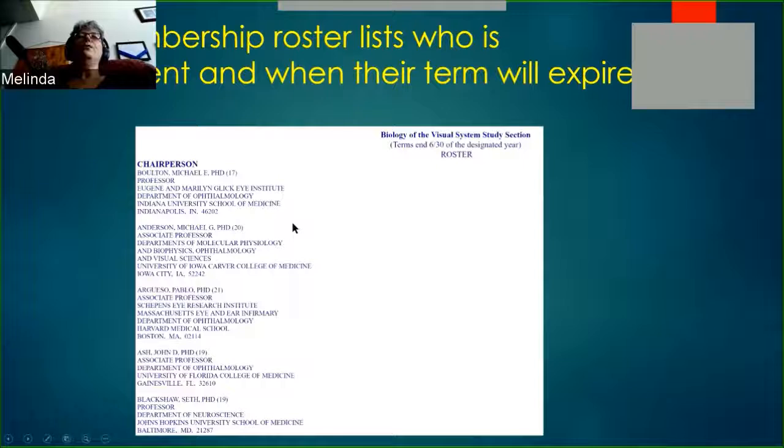There's the chairperson of the study section, and then all of the permanent members. This gives you the name and the institutional affiliation of all the study section members. This is really, really important because then you can go through and do research and PubMed searches on every single study section member. You will know what they're publishing on and what their expertise is.